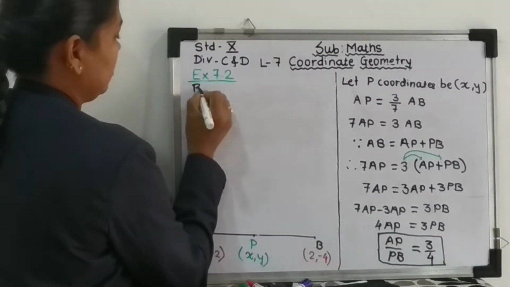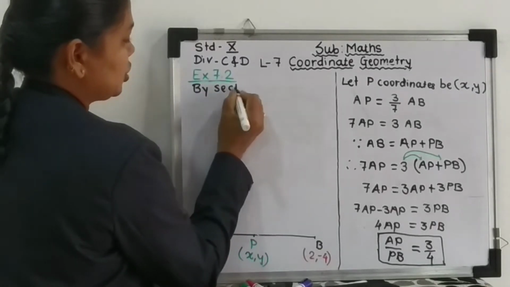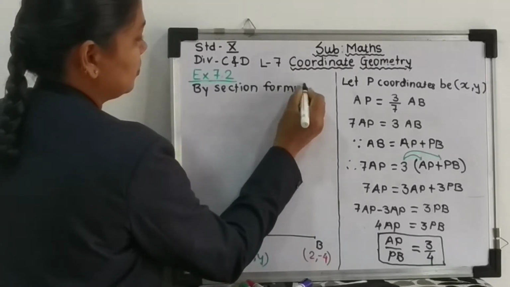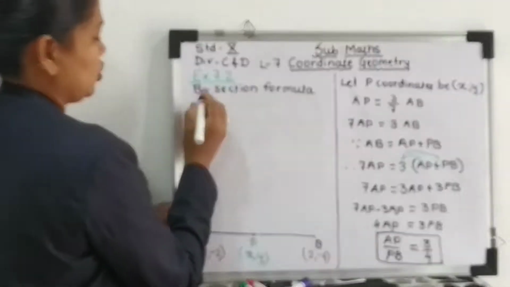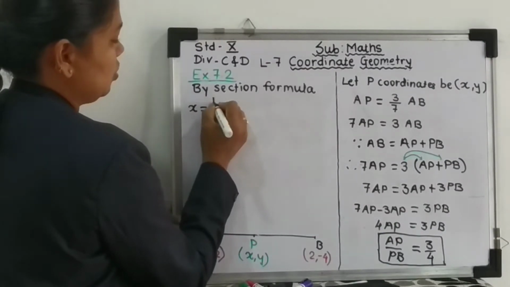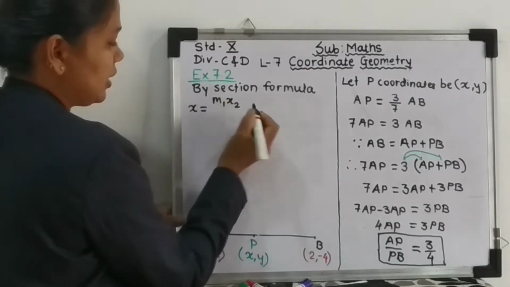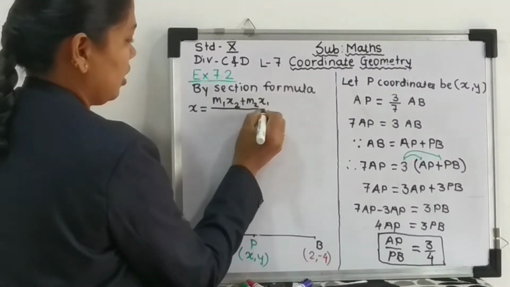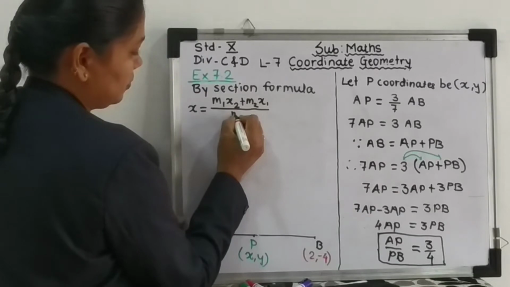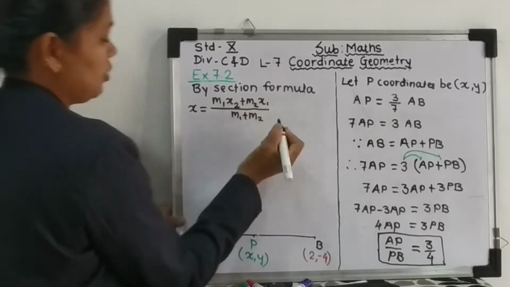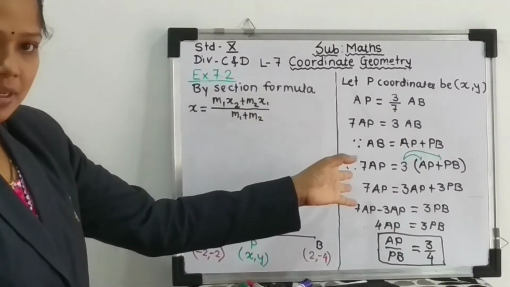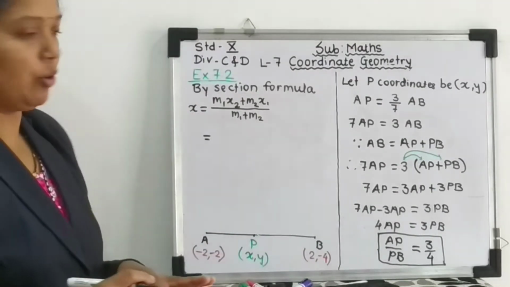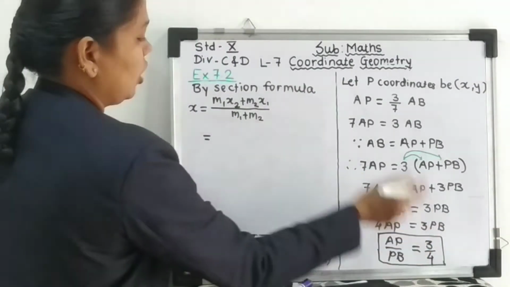We'll write here by the section formula. What we have, that section formula, x equals m1 x2 plus m2 x1 upon m1 plus m2. You can find them simultaneously, or finish x first and then go for the y coordinate. So m1 is your 3.